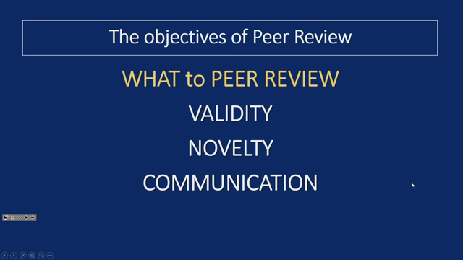And finally, also whether it is expressed in a clear and understandable way. Validity and novelty are the two most important aspects of a manuscript, because legitimacy and reputation in science are fundamentally related to making and publishing valid and novel important knowledge claims.